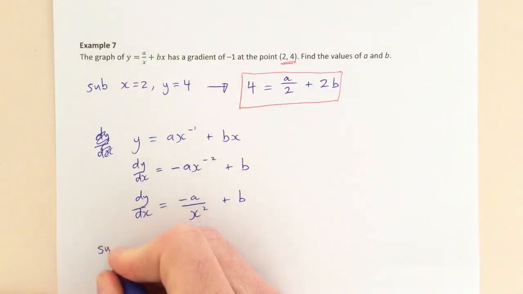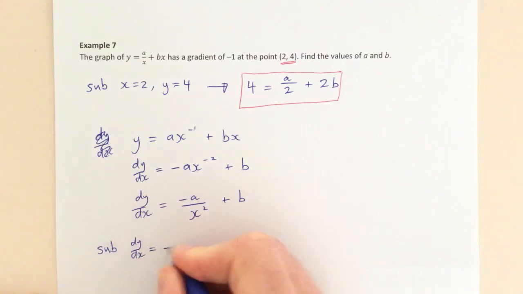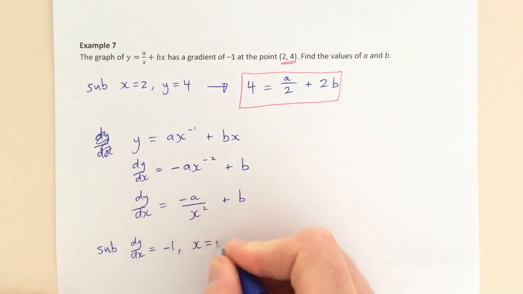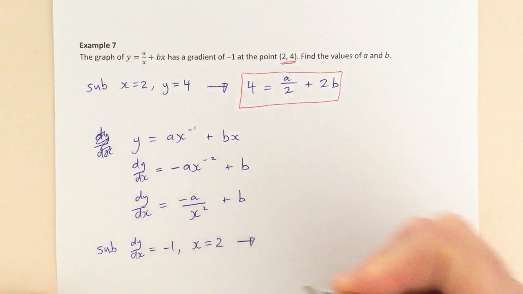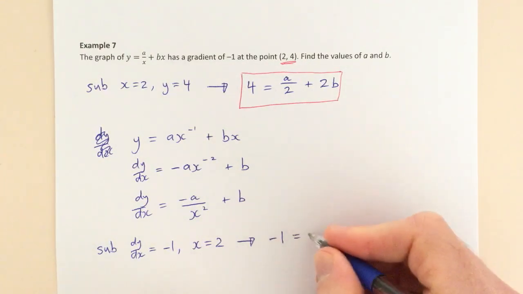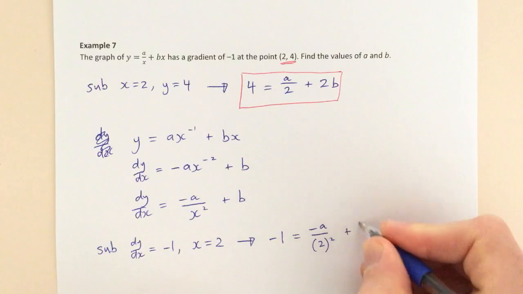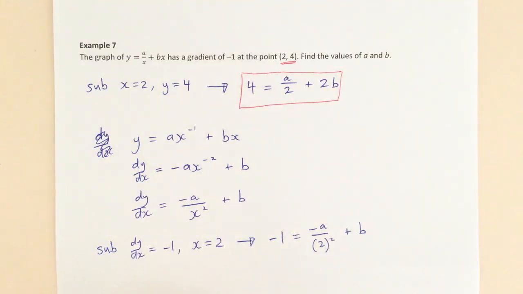So we're going to sub dy/dx equals negative 1, x equals 2, and that will give us negative 1 equals negative a over 2 squared plus b, which means negative 1 equals negative a over 4 plus b.